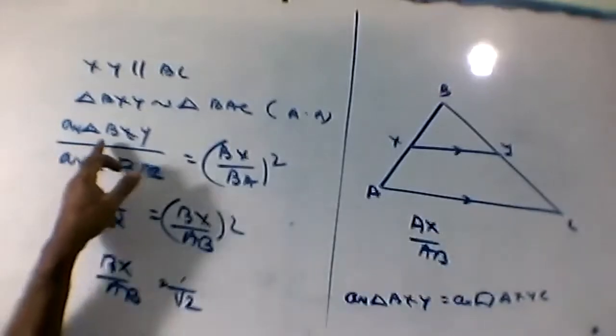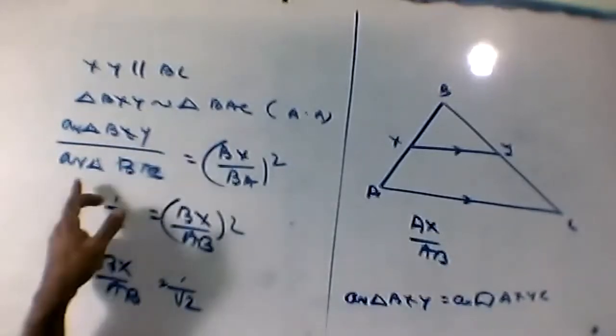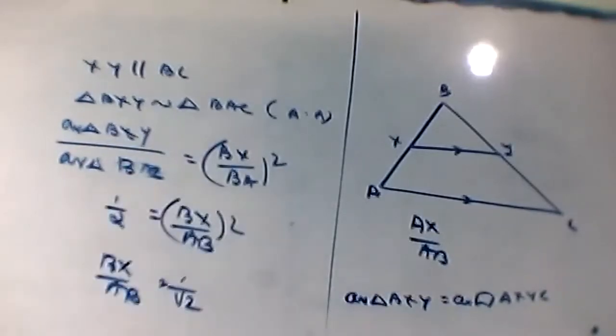Hence, area of triangle BXY by area of triangle BAC equals BX by AB, whole square. Number 2. What is the reason?